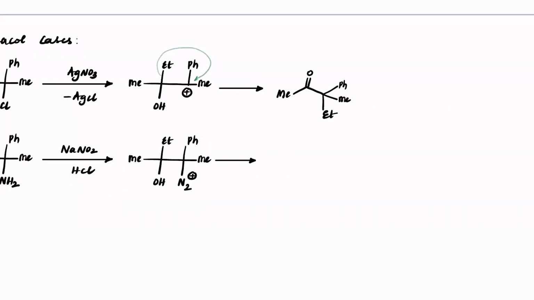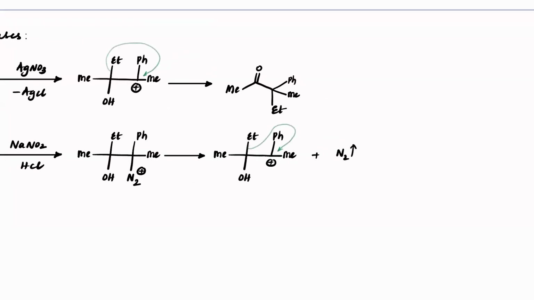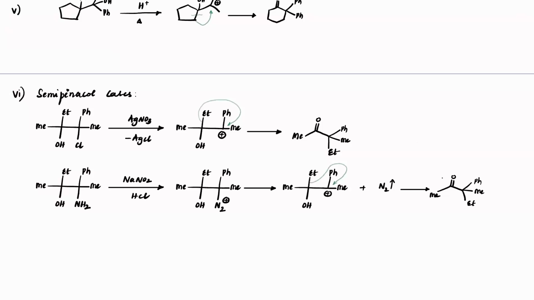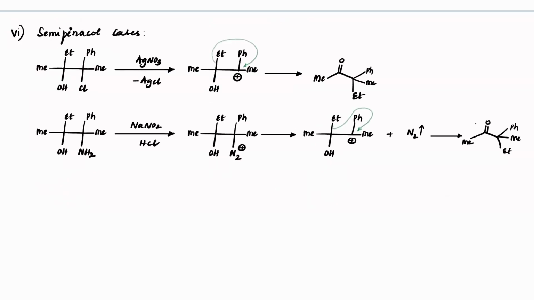Since it is highly unstable, it will form this carbocation here and release N2 gas. And now again, who will migrate? Ethyl will migrate, and finally you will get the same product. You get double bond O with phenyl, methyl, ethyl, and methyl. So these are semi-pinacolone cases.